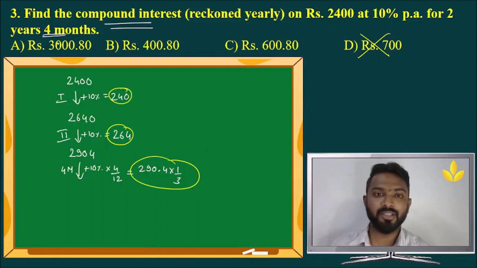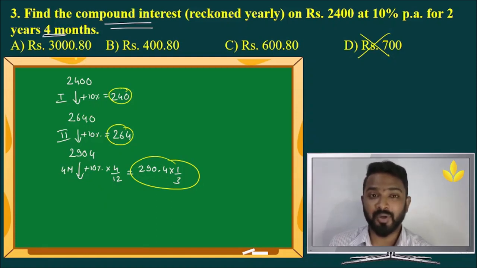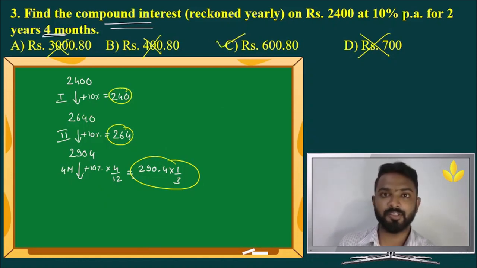Second of all, we know that 3000 is way too big of a number because 240 plus 264 plus this is not even equal to 1000, let alone 3000. So this is also gone. Now 400.8, 240 plus 264 itself is more than 500. So obviously 400 will not be the answer. The only thing left out is C, that is 600.8. That's all. That is the answer.